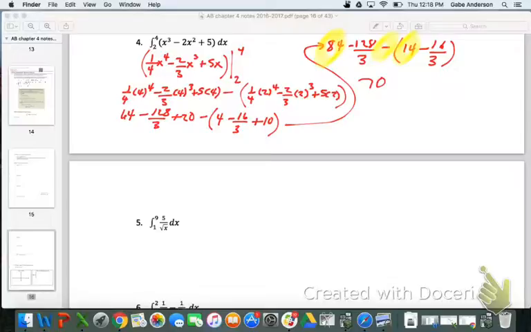Negative 112. So negative 112 thirds. And finally, I'll leave it for the very end. What is 70 written as thirds? 210 thirds, common denominator of 3, right? So 210 minus 112, please don't pack up yet, is? 98. So our final answer would be 98 thirds.